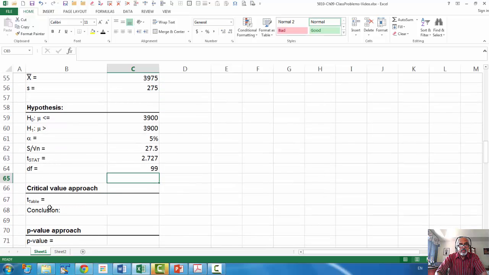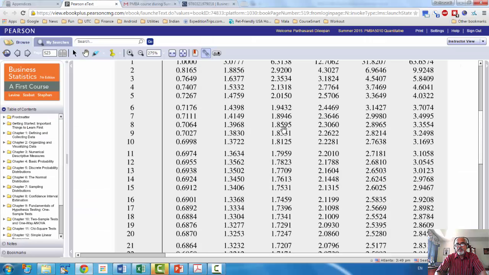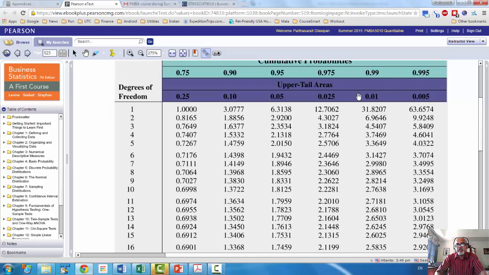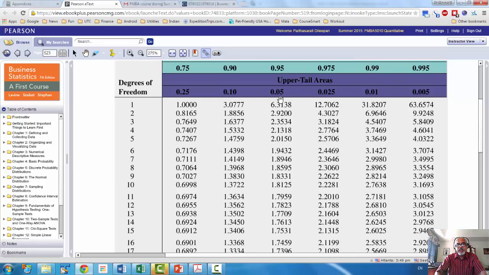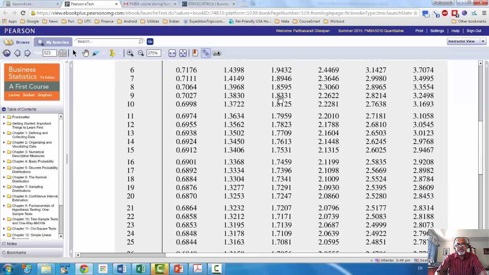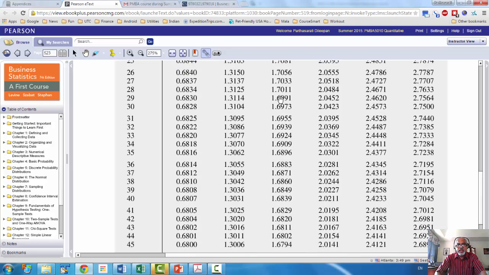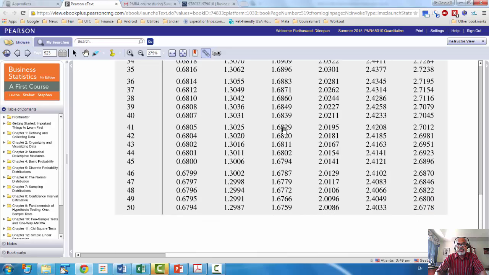Now, the t table value, we can find from the table. We want 5% at the upper tail and 99 degrees of freedom, and we have 99 degrees of freedom on the next page.